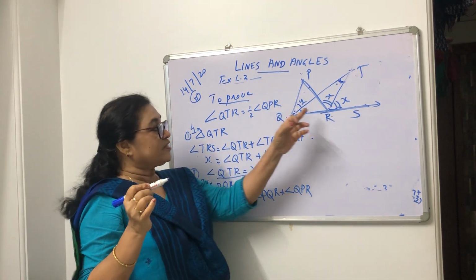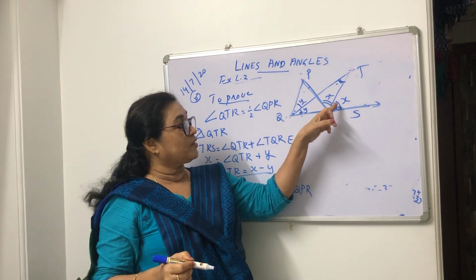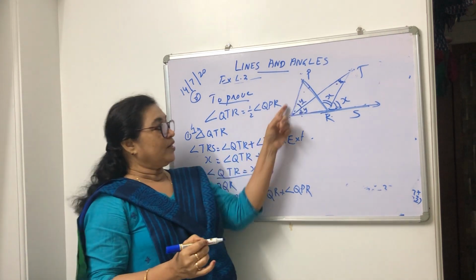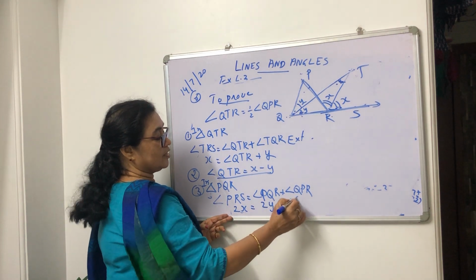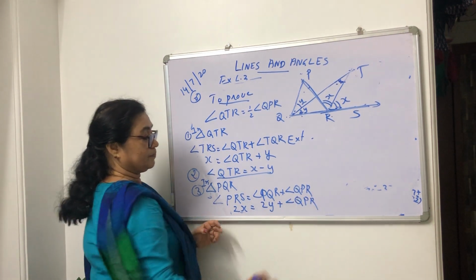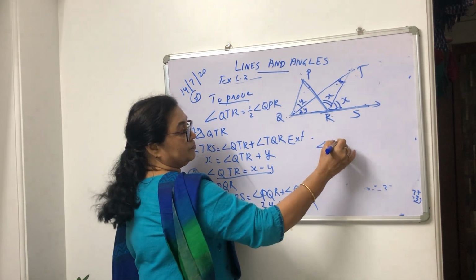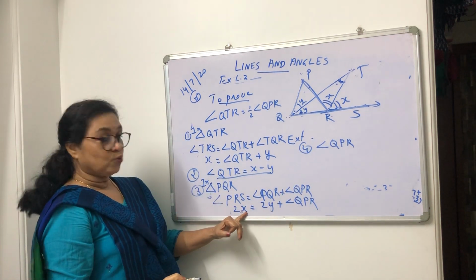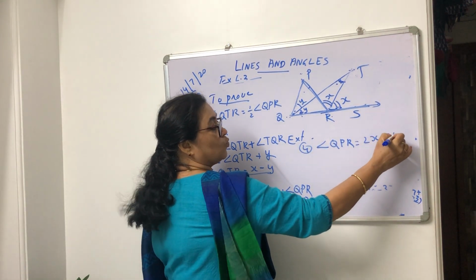Now I am going to replace this with x and y. What is this PRS? PRS is x plus x is 2x. PQR is y plus y is 2y plus angle QPR. So what is angle QPR? This 2y to this side. So it is 2x minus 2y.